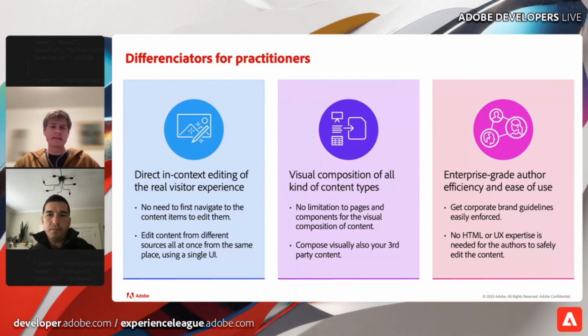And yeah, you have this enterprise-grade UI that allows you to scale in an enterprise well, with authors that don't need to be super skilled and know every detail about how the content is structured in the backend. They can just go ahead and do the edits. You can enforce your branding guidelines. They don't need specific HTML expertise to do the changes and yet do visual editing.